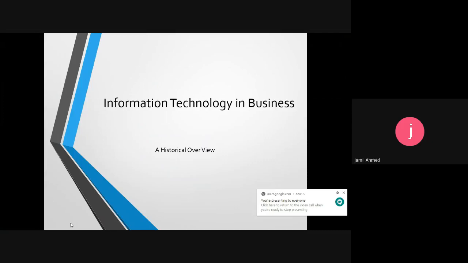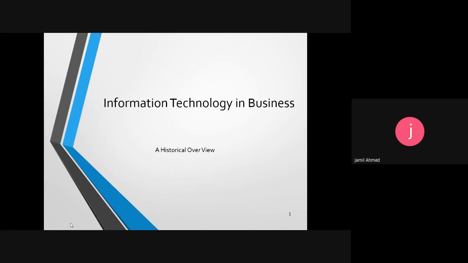As we know, information technology is the combination of two technologies. The first one is computer science and the other is communication technology. Computer science has a complete system, and communication technology also has a complete system.